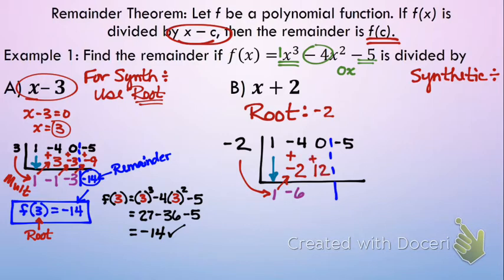We're going to add 12. Negative 24. Negative 29. So using the remainder theorem, I know that f of negative 2 equals negative 29.